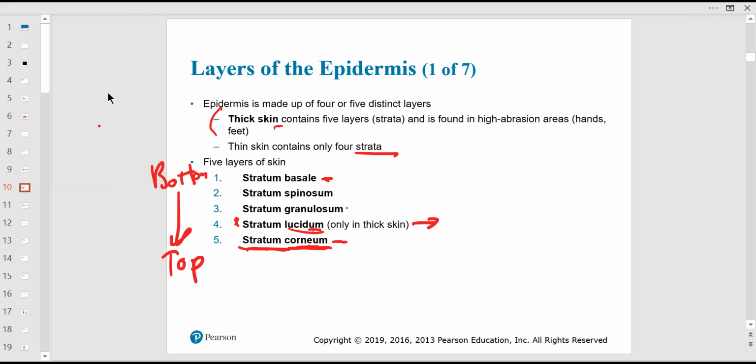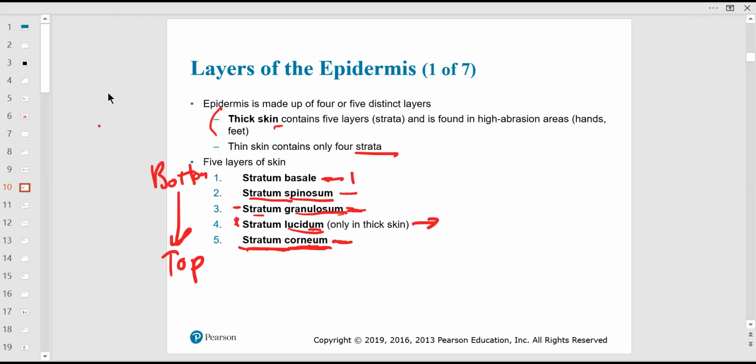So the next one is granular. So dark staining granules. And it's got melanin as well, you know, in the granules of the proteins. So stratum granulosum would be next. And spinosum, it's kind of big. It's kind of wide. So I think when you look at the skin, you'll see a big spinosum and a big corneum.